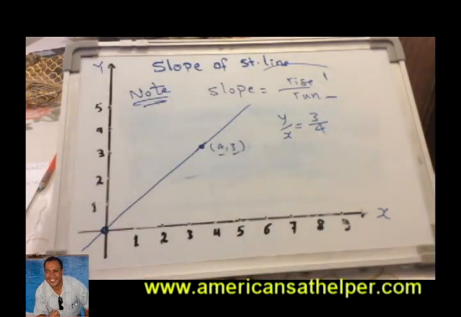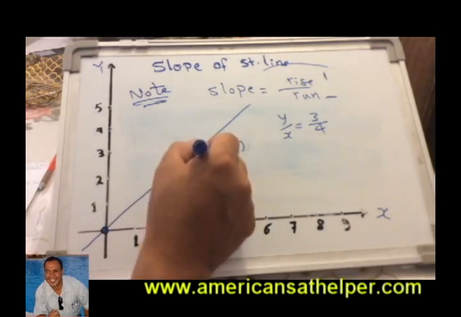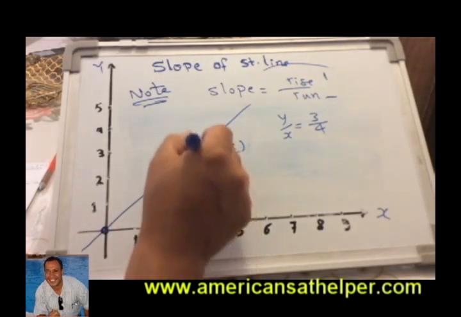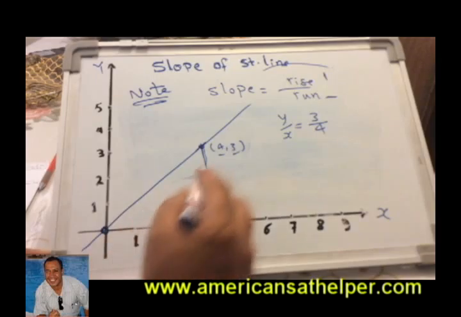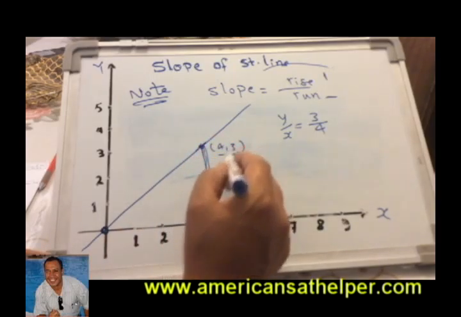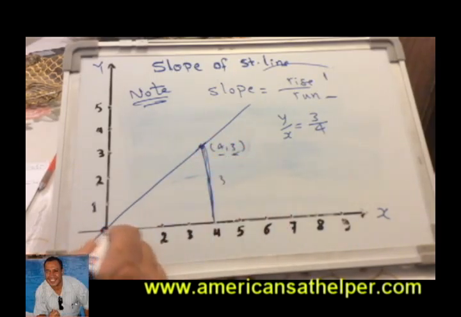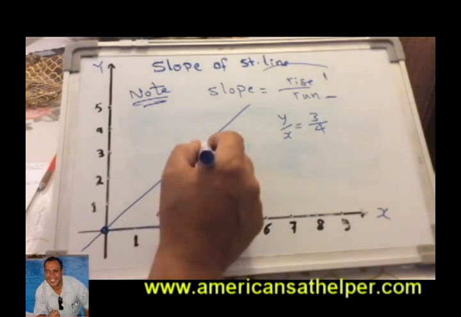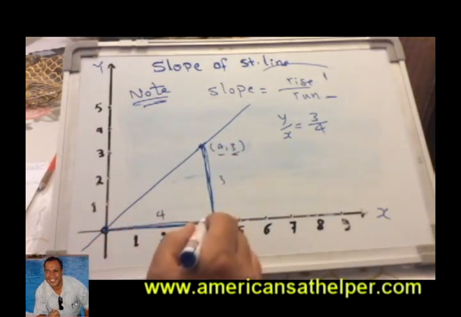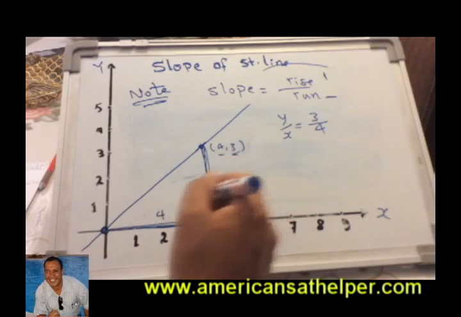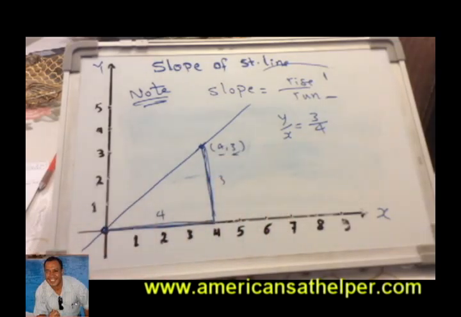This is because if you draw a triangle like this, you can see that the rise is the y value, which is 3, and the run is 4. According to the rule that slope equals rise over run, the rise is 3 and the run is 4, so the slope will be 3 over 4.